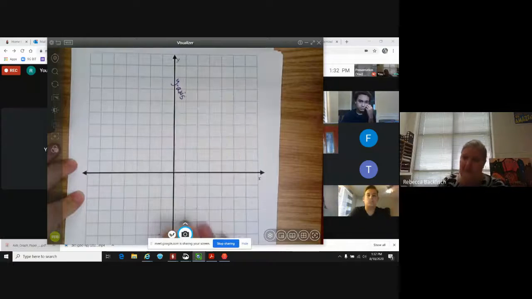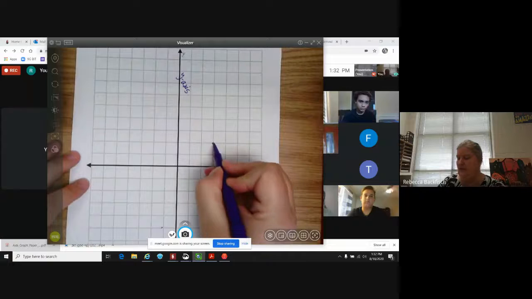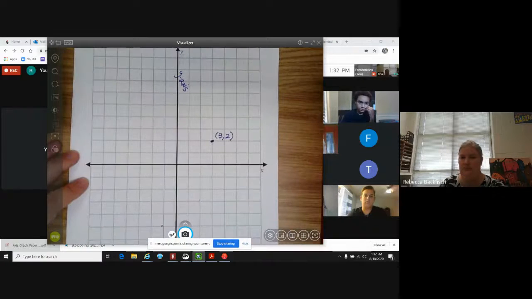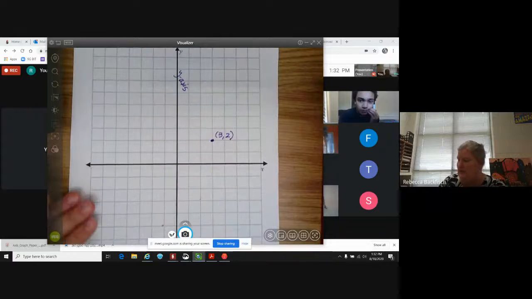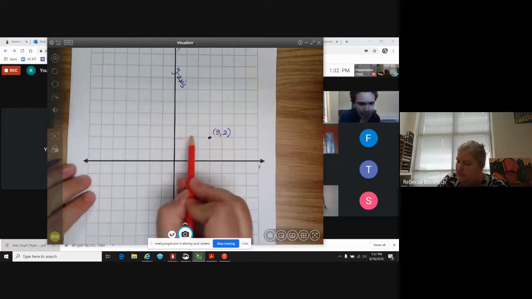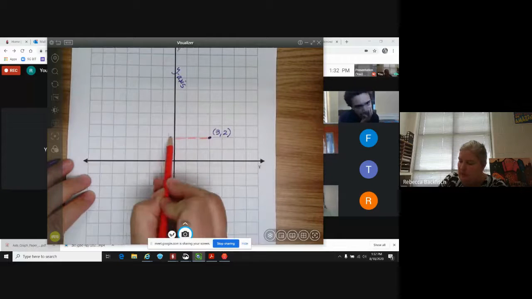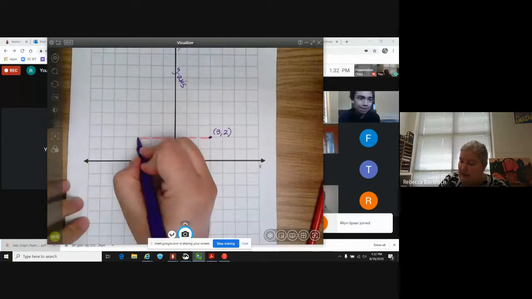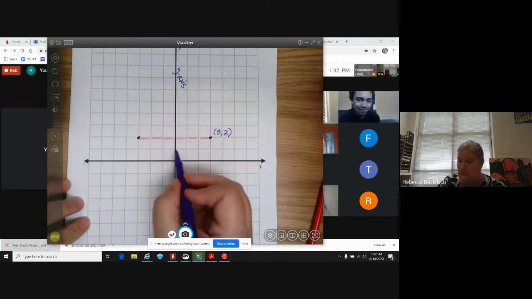Okay, so if I am on the right-hand side of the y-axis, like at this point, 3, 2, the 3 is telling me how far to the right I am. It's telling me 1, 2, 3 units to the right of the y-axis. So I'm going to go 1, 2, 3 units to the left of the y-axis, and that will be at the point negative 3, 2.